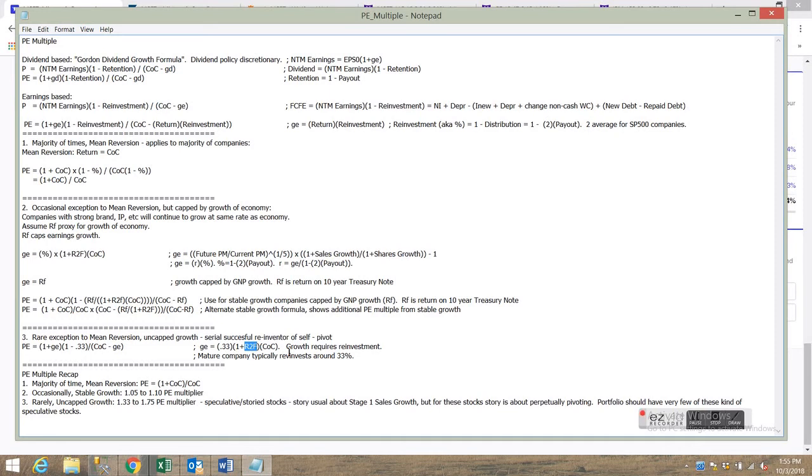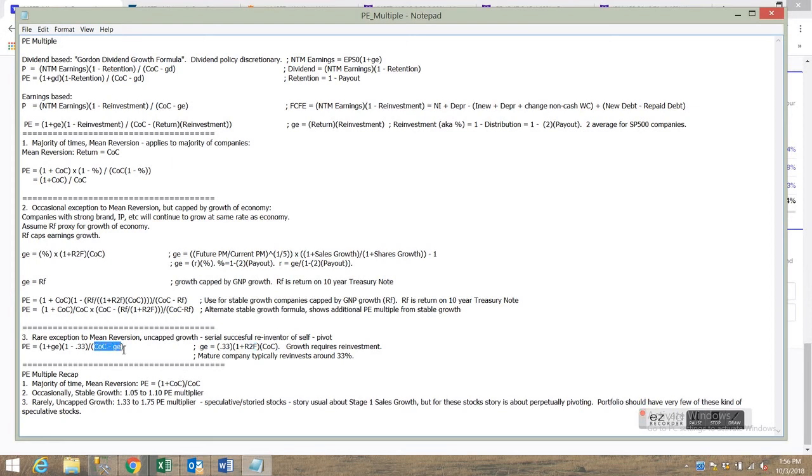Now that's quite a statement, but again, we're only doing this for just a handful of companies. All right, well, let's go forward. So we take it times a typical reinvestment rate of 0.33, and we get 0.15 times 0.333, and you get it right at a 5% growth.